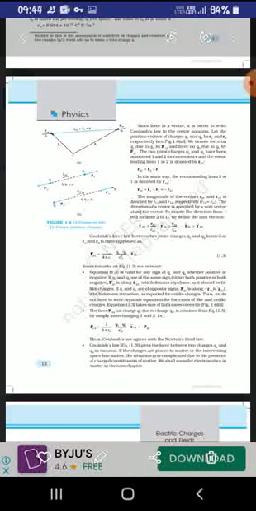The force acting on charge Q1 due to charge Q2 is obtained similarly: F12 is equal to 1 by 4 pi epsilon 0, Q1 Q2 by r21 squared, where r12 is equal to minus r21, so F12 is equal to minus F21. Thus Coulomb's law agrees with Newton's third law: for every action there is an equal and opposite reaction.